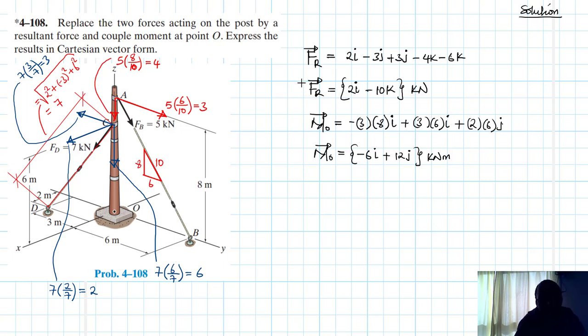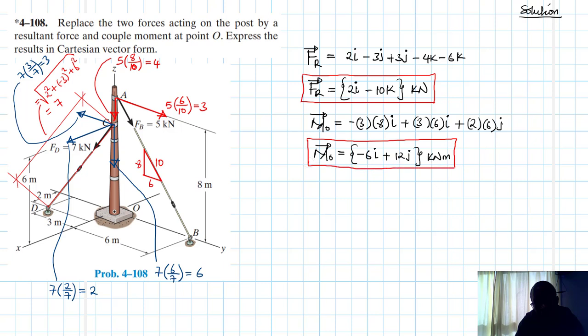So let's outline the final solution. We have the resultant force and we have the moment. We have the resultant equivalent force at point O and the moment about point O. So we have replaced the two forces acting on the post by the resultant force and the couple moment at point O and expressed them in Cartesian vector form.